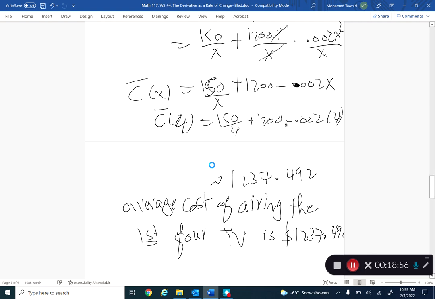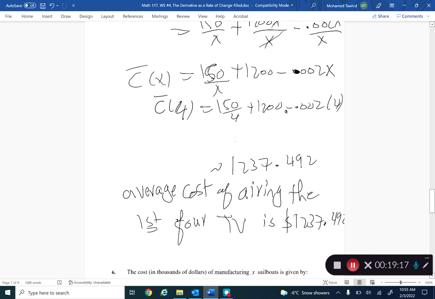You follow, guys? So that is the average cost of the 4, the average of the whole first 4 TVs. The other one is the cost to produce one item more, but this one gives you the average cost of the whole thing because you divide by 4. Do you have any questions for this part?